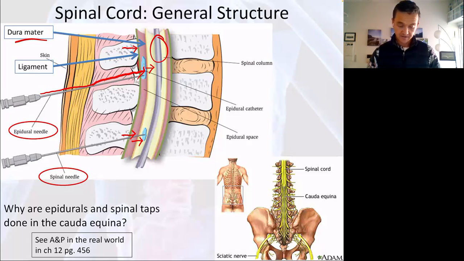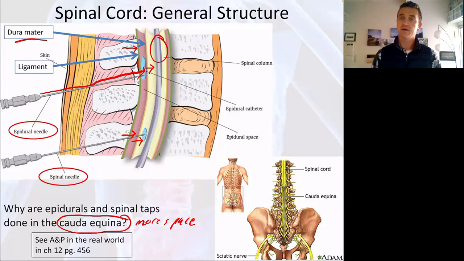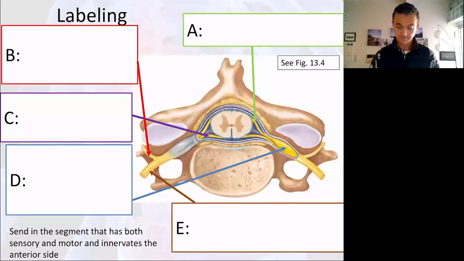This is all done in the cauda equina because there's more space in there. If we did it higher up in the spinal cord, you'd be more likely to poke into a nerve, instead of lower in the cauda equina where there's more room, and hopefully you won't damage something.